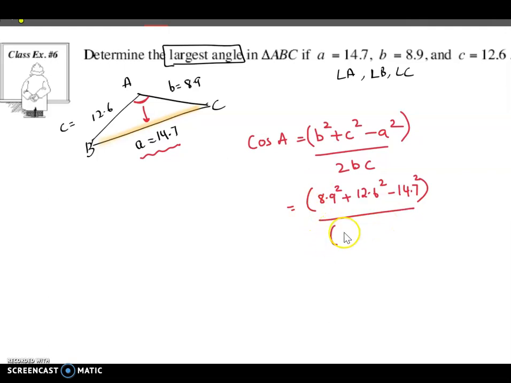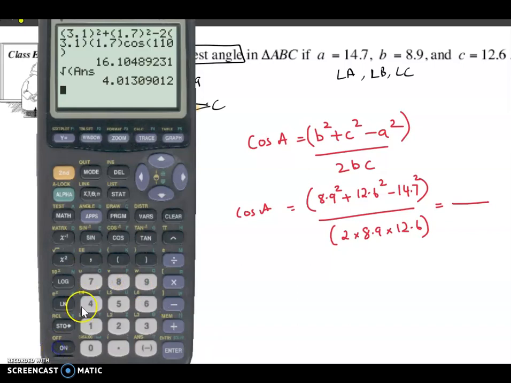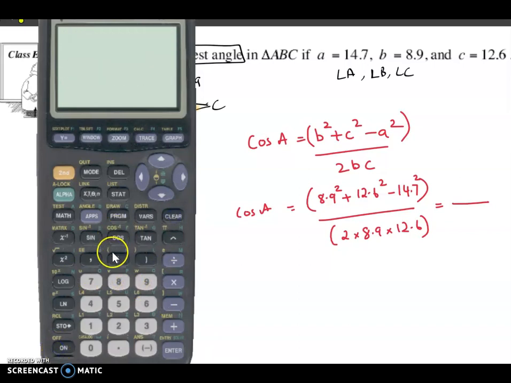All of this divided by 2 times 8.9 times 12.6. If you're not using a graphing calculator, you want to find the value of your numerator and denominator separately and then divide them. Or if you're comfortable with using your graphing calculator, you can do it all together as long as we put brackets.